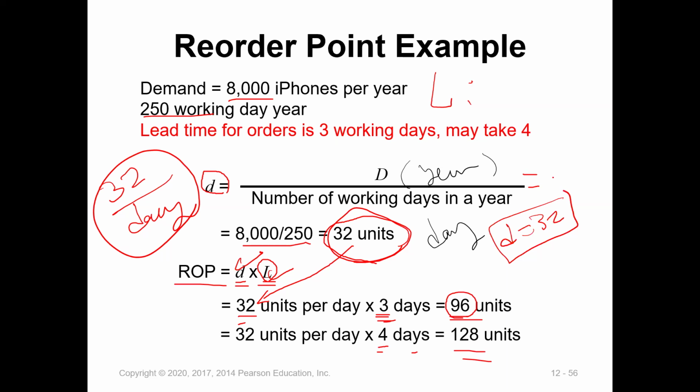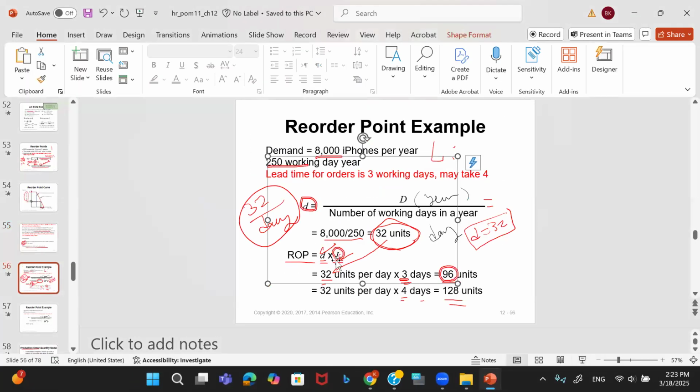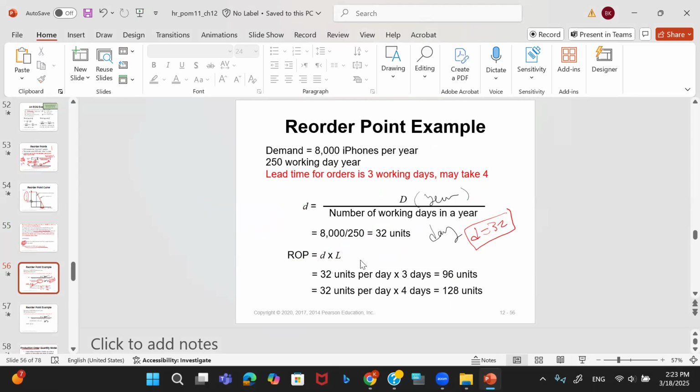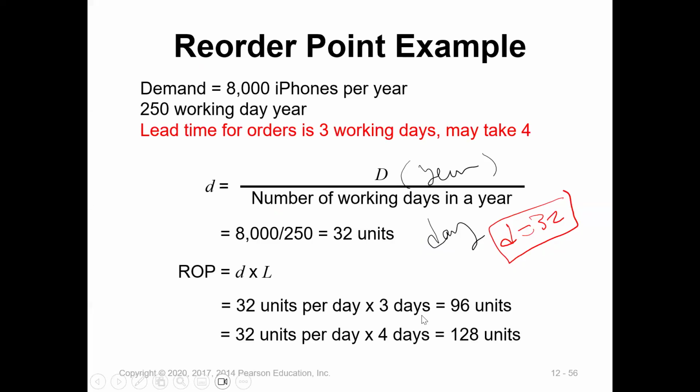Now we can calculate the reorder point. The reorder point: we have 32 units times the lead time, 3 days, which is 96 units. They said sometimes it takes 3 days, sometimes 4 days.